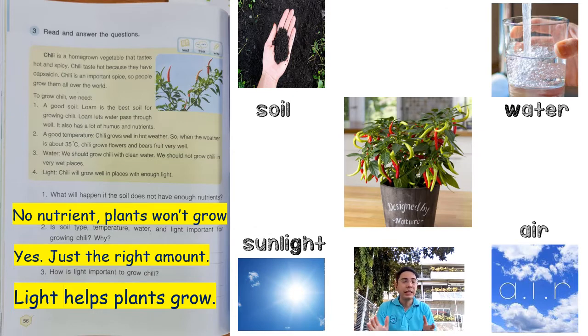Without light, they cannot make photosynthesis, the process to make food. Also, they cannot breathe. So you need sunlight for energy. If no energy, you cannot drink, make food, or breathe. That's why light is very important.